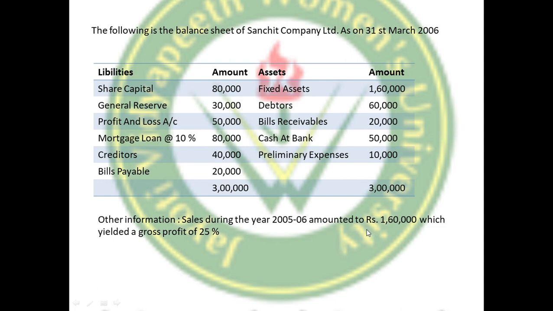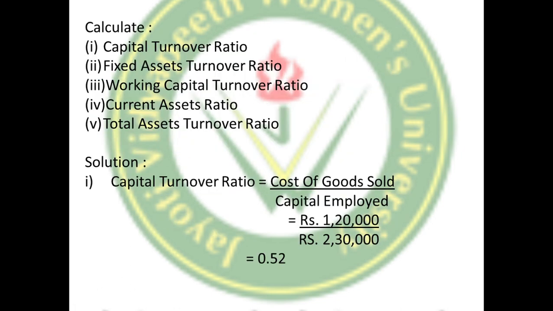That amount will be 40,000. So we subtract 1,60,000 minus 40,000, and that will be our cost of goods sold. The amount will be 1,20,000. So cost of goods sold we have already calculated, that is 1,20,000.